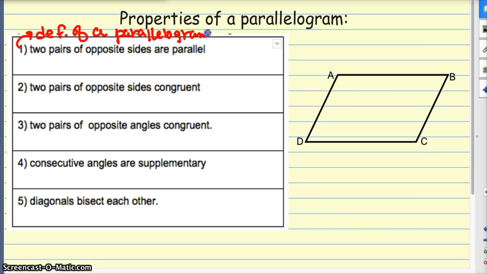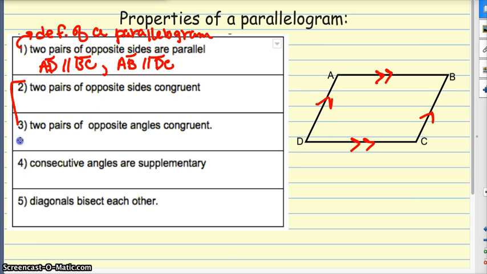So let's mark it. We have those sides parallel, so AD is parallel to BC and AB is parallel to DC. So again, by definition, a parallelogram has two pairs of parallel sides.